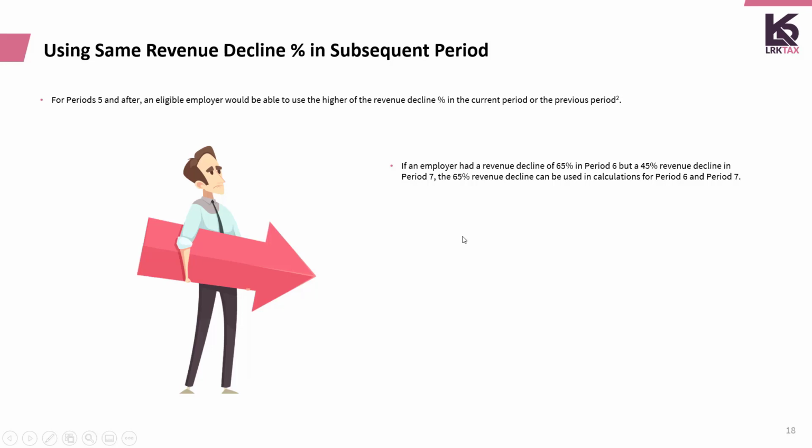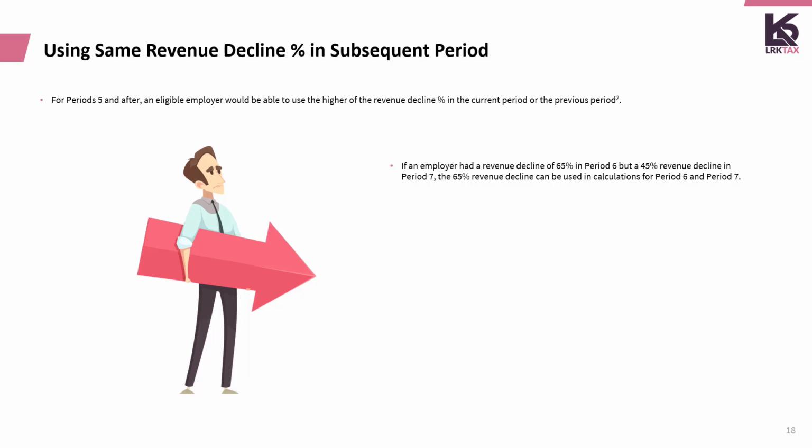And this is way superior to the old rule just because now the name of the game isn't just to qualify, it's to qualify with the biggest revenue decline, because with the way the CEWS works now is that the higher revenue decline, the higher your subsidy. So again, if it was under the old rules, let's just say I automatically qualify period 7.